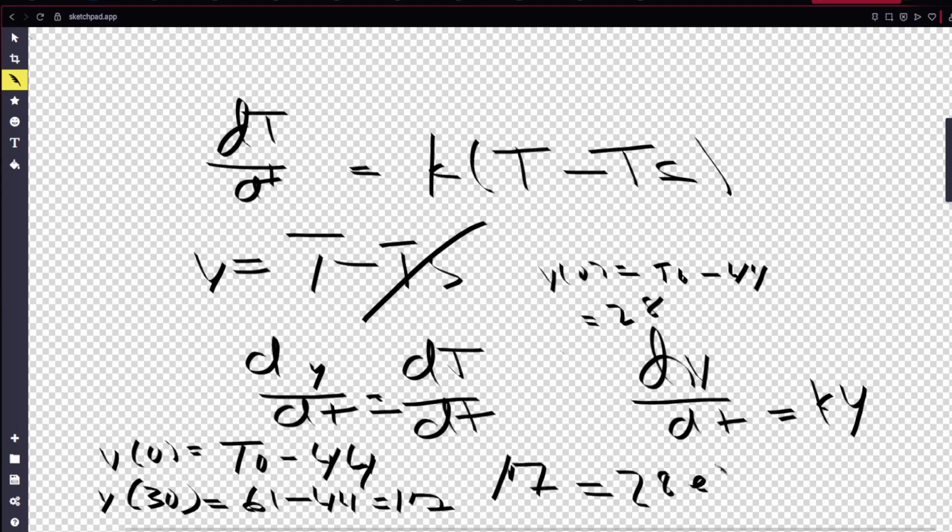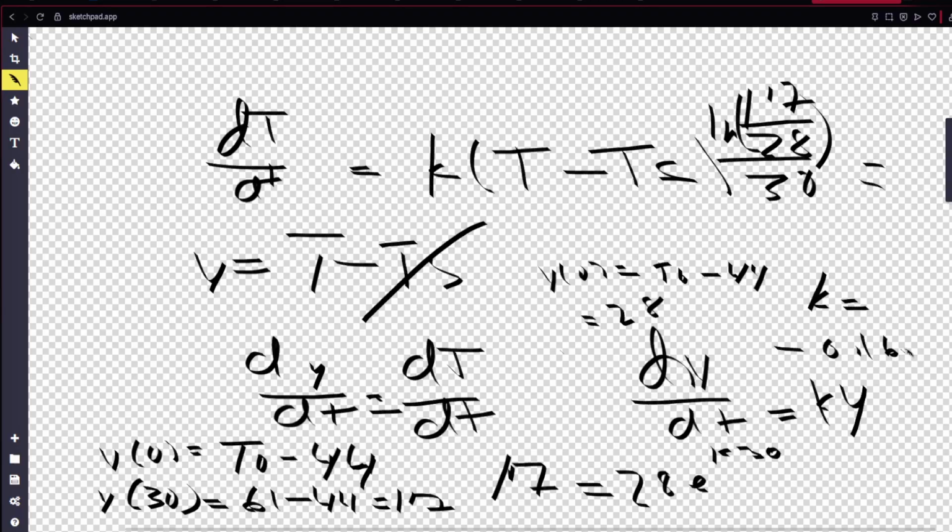So it's going to be equal to 28 e to the k times 30, and then you just solve for k. Solving for k is pretty easy. It's just going to be 17 divided by 28, natural log on both sides, divided by 30. I just did the algebra there, and you get k, which is equal to negative 0.1603.